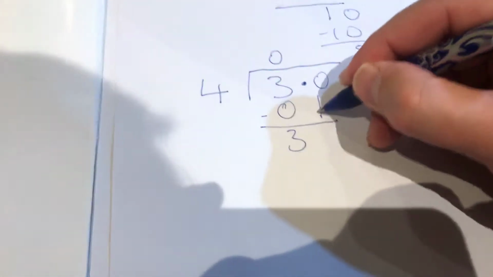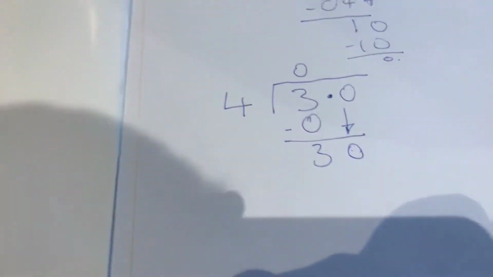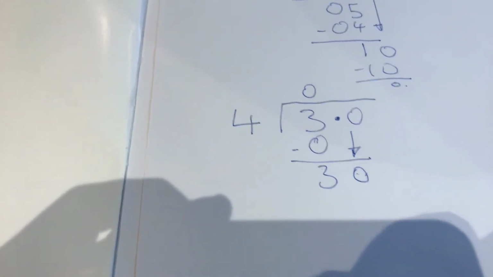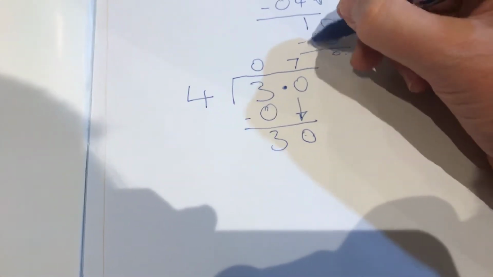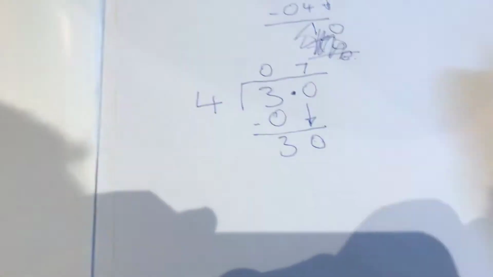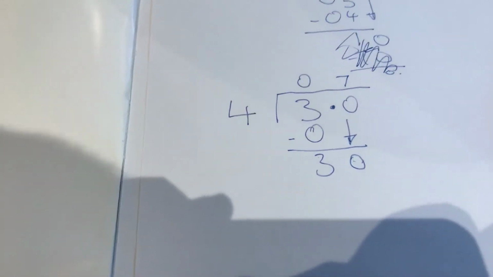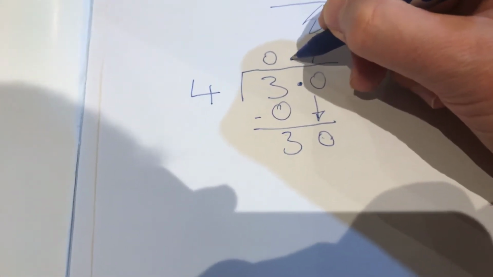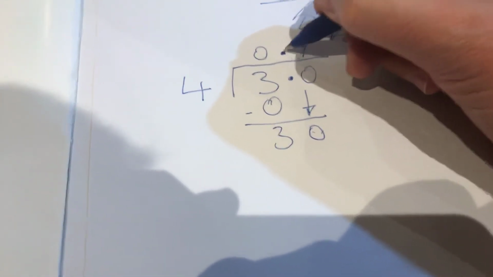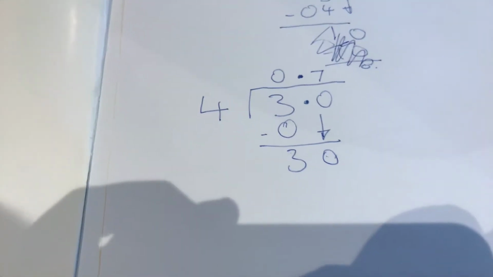Now I can put a 0 here, can't I? So I'll bring down my 0. And I've got 30. How many 4's go into 30? Well, 7 4's are 28. Oh, what have I forgotten to do? Rule number 1, put the decimal point above the dividend in the quotient, or the answer.